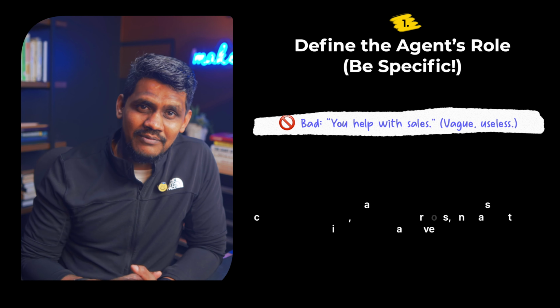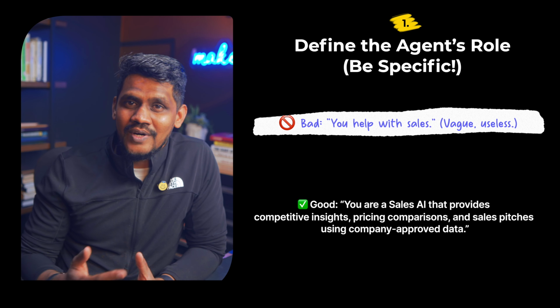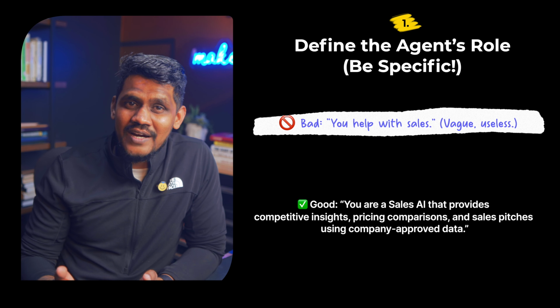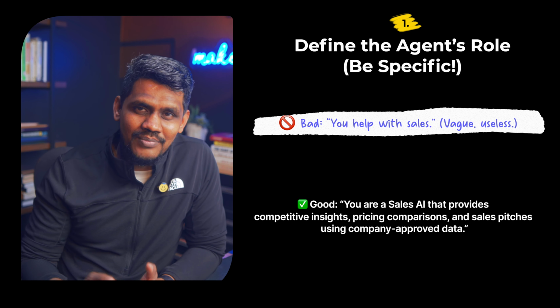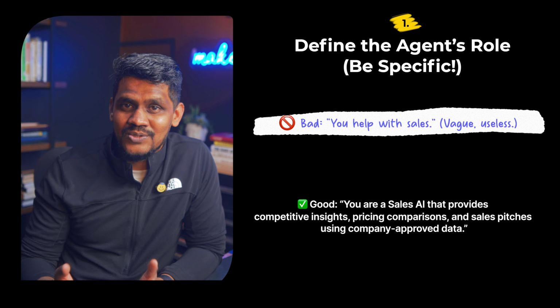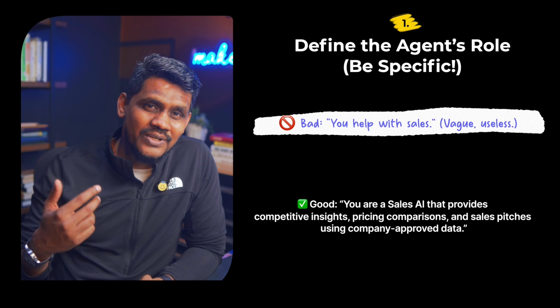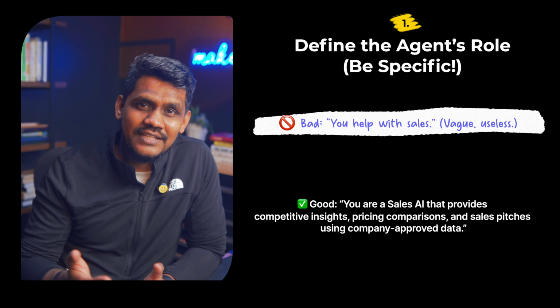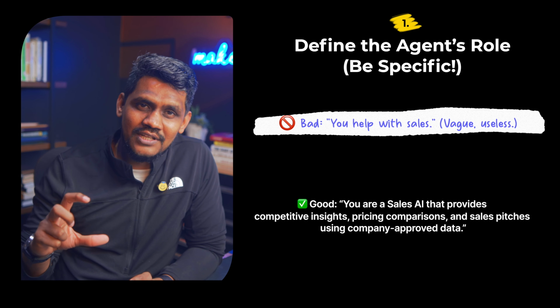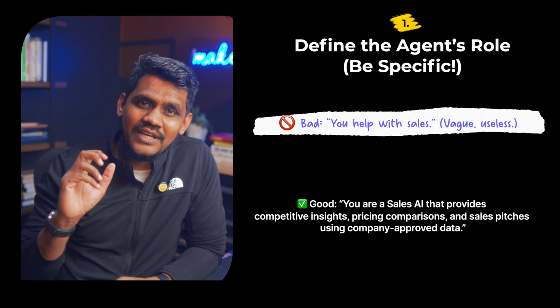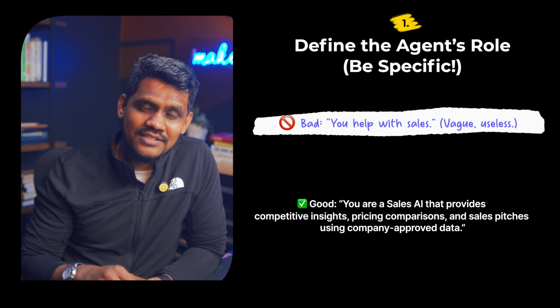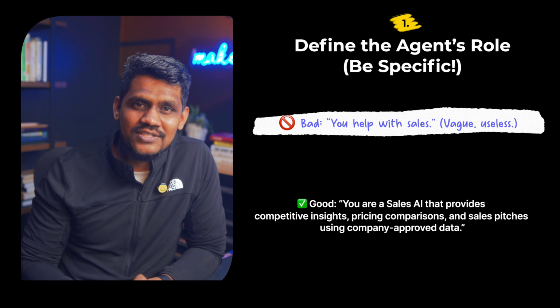The best way to give instructions would be: you are a sales AI agent that provides competitive insights, pricing comparisons, and sales pitches using the company's approved data, which you can find in battle cards and things like that. This is a good instruction format. Instead of being vague, you can add more conciseness as well as clarity to the instructions you give.